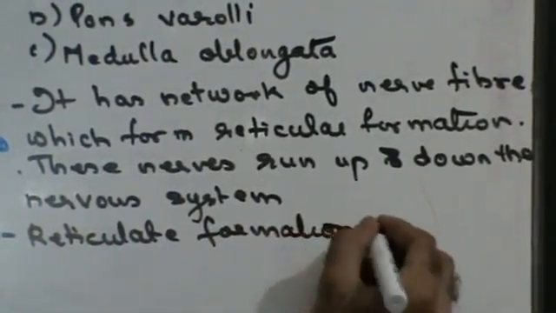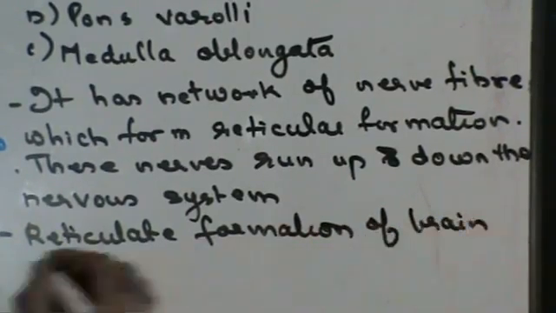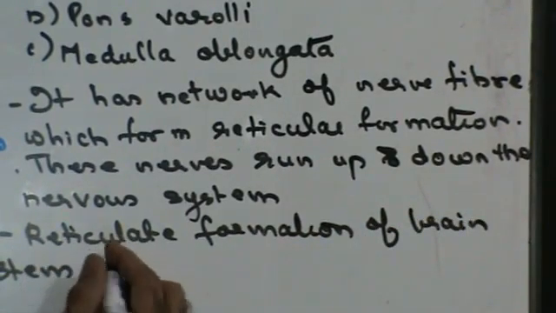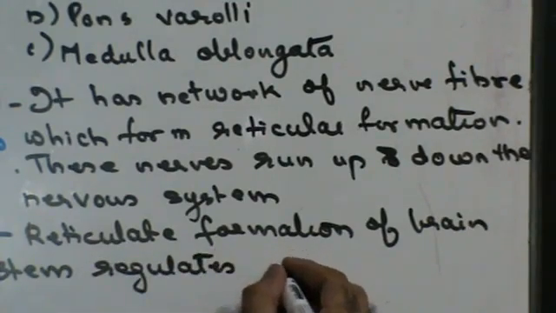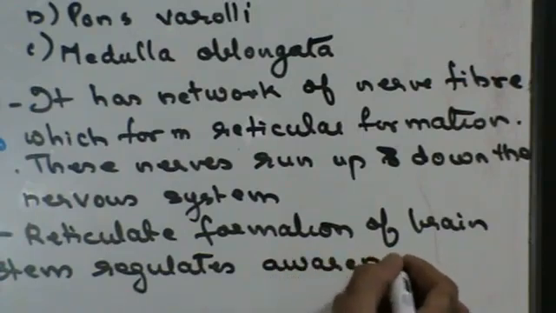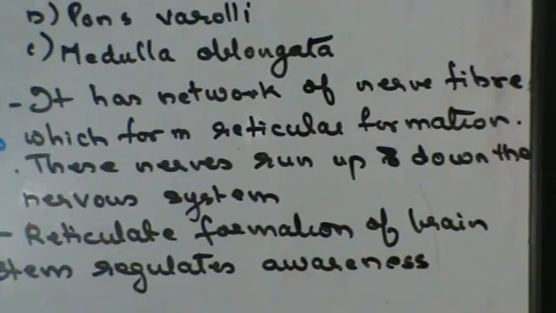Awareness as in it regulates the arousal from sleep through the stimulation of sensory areas on the cerebrum by touch and sound. Fine, do we get this idea? So that's your brainstem. Those were the different parts of the brain, right?